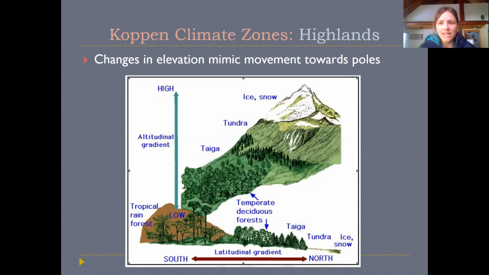But basically what we can see if we climb a mountain is that we go through similar climate zones and similar changes in vegetation as if we were hiking over a much longer distance, from the middle latitudes up towards the poles, where we would see rain and seasons and forests, and then we would hit a much colder climate, more like a tundra vegetation, and then we would eventually get up into the ice and snow. So this mimics that change, and that's why we group them in the same category.